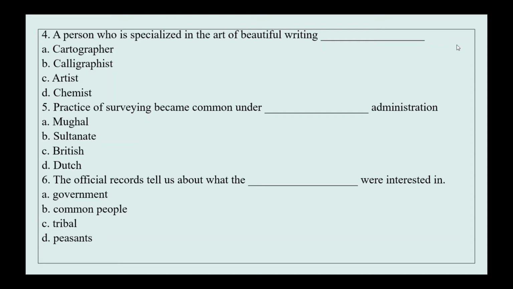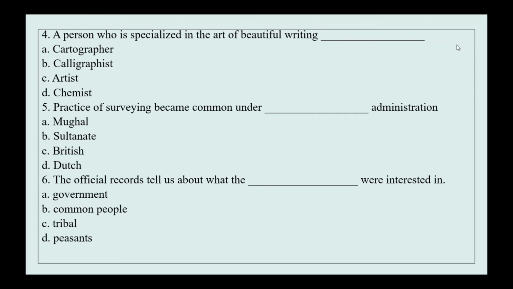British. So, practice of surveying became common under British administration. They only conducted census. Every 10 years only they conducted census and zoological survey, anthropological survey, forest survey, right? So, they practiced survey. So, during the British period, practice of surveying became common under their administration.